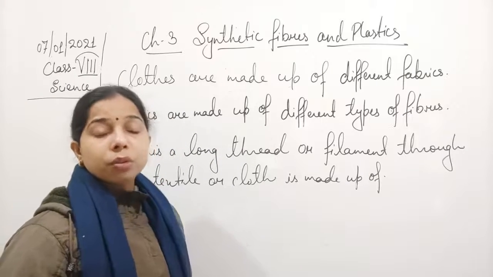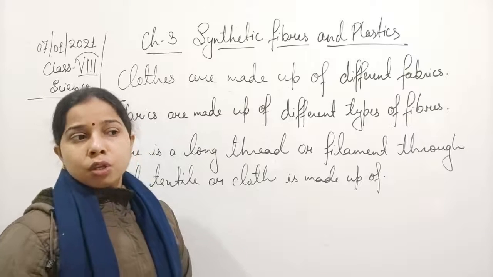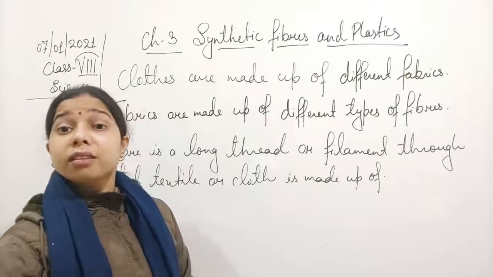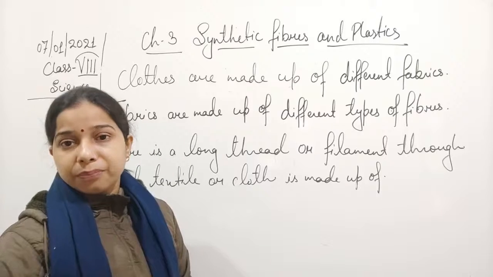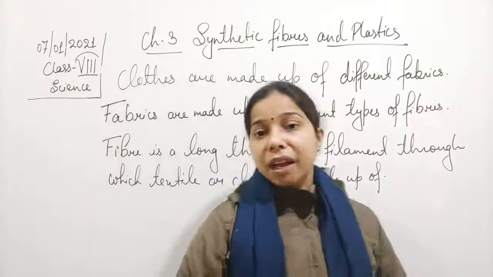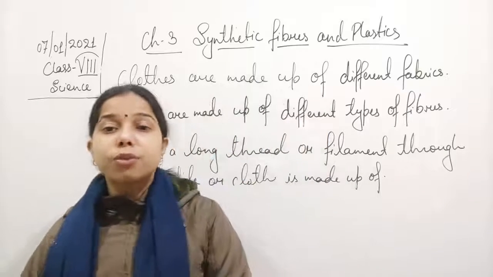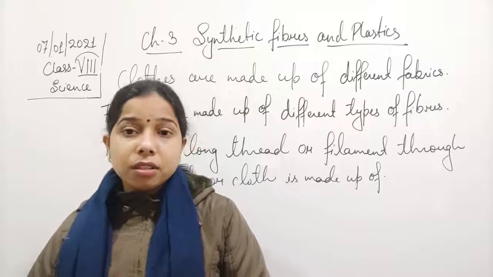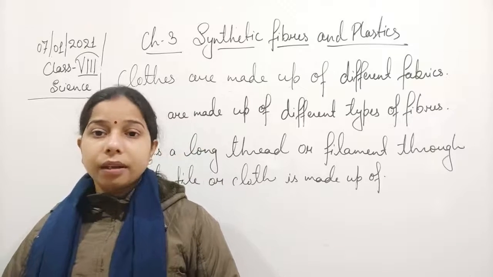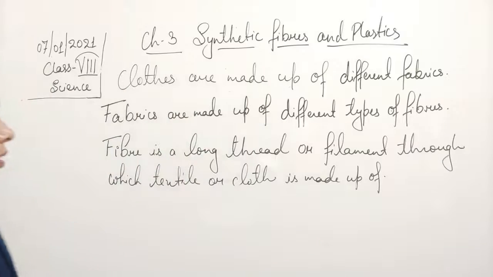If you are talking about the different types of fiber, here actually we are discussing from where this fiber is obtained. So on that basis, we can say that fibers are basically of two types. First one is the natural fiber, and the second one is the synthetic fiber.